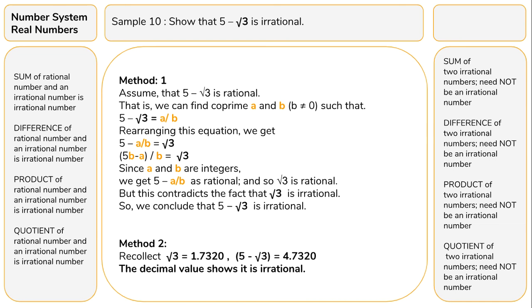So (5b minus a) by b equals square root 3. We get 5 minus a by b as rational, and so square root 3 is rational. But this contradicts the fact that square root 3 is irrational. So, we conclude that 5 minus square root 3 is irrational.